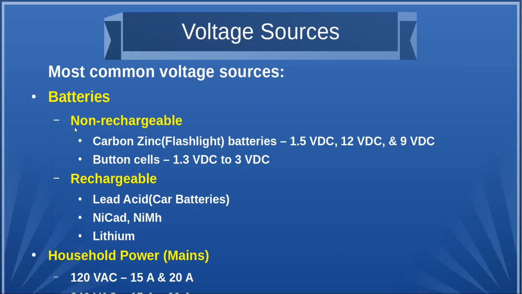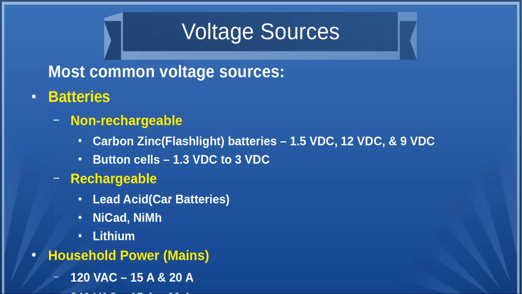Okay, so batteries are classified as non-rechargeable and rechargeable. Your typical flashlight batteries, carbon zinc, are not rechargeable, regardless of how you try, or the button cells in your watches and things like that. We have rechargeable.